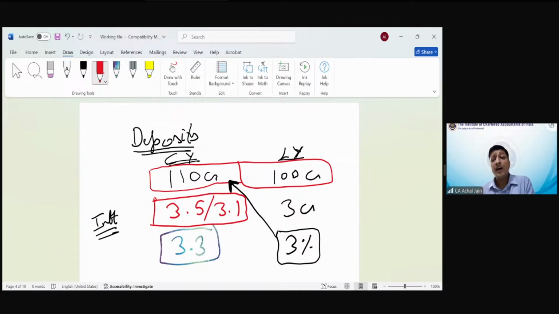If you go by the interest rate which was there in the previous year, then the amount should have been 3.3. But if it is more or lower than that, how is that possible? The management will explain that during the year, maybe after April, the rate was reduced, or maybe after May, the rate was increased. So that sort of calculation the auditor needs to change.